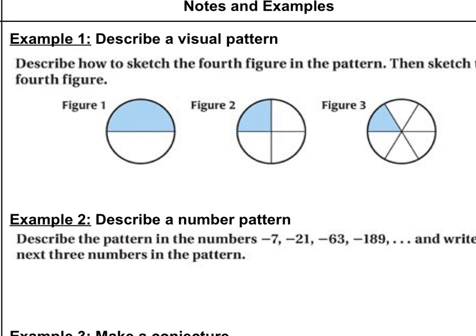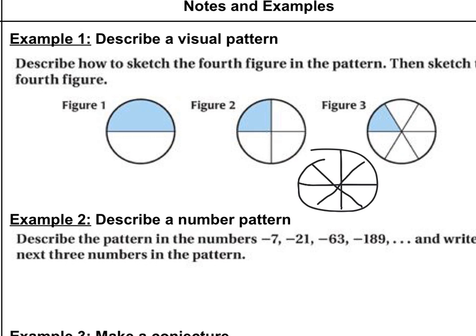Now what do you think the fourth figure is going to look like? If we draw a circle here for figure number 4, in each figure we've increased the number of lines. We had 1 in the first, 2 in the second, and 3 in the third. So in the fourth figure, we're going to draw 4 lines, and not a very good drawing, okay?